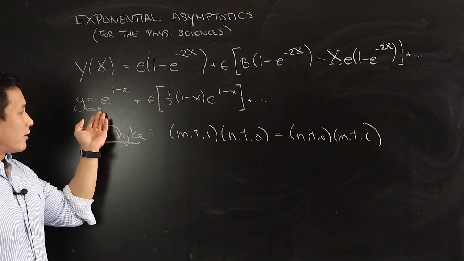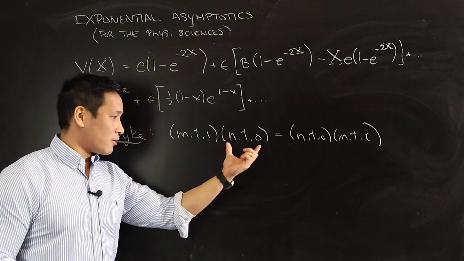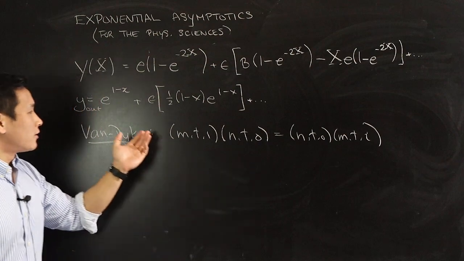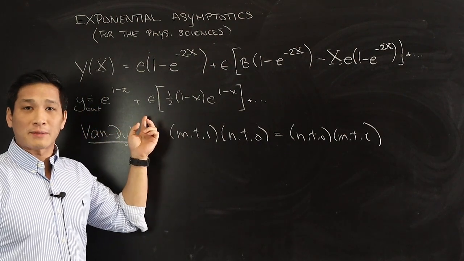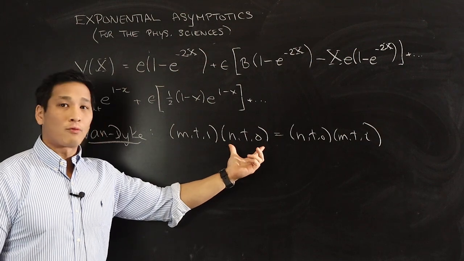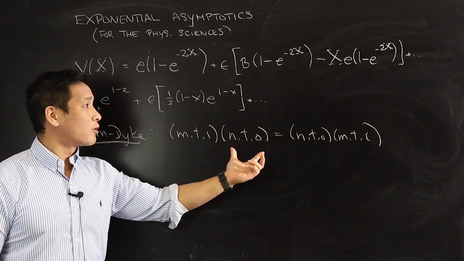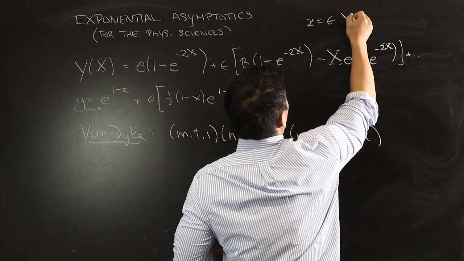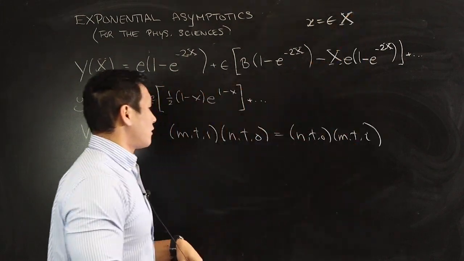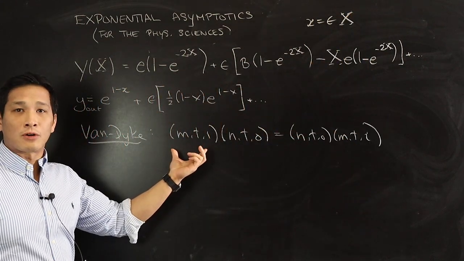You read these two things as operators. You take your outer expansion here, and you take n terms of that outer expansion. You then rewrite it in terms of inner coordinates, and here the inner coordinate is little x equal to epsilon times big X, and then you re-expand m terms.